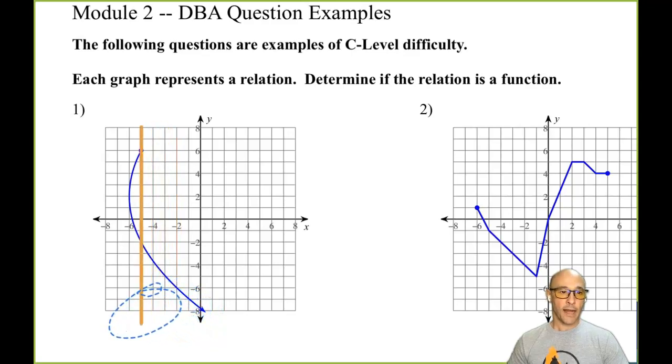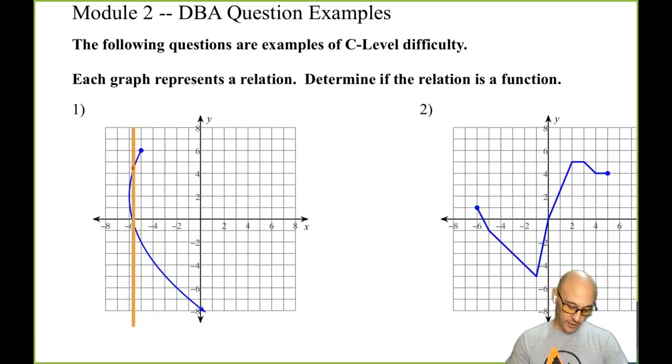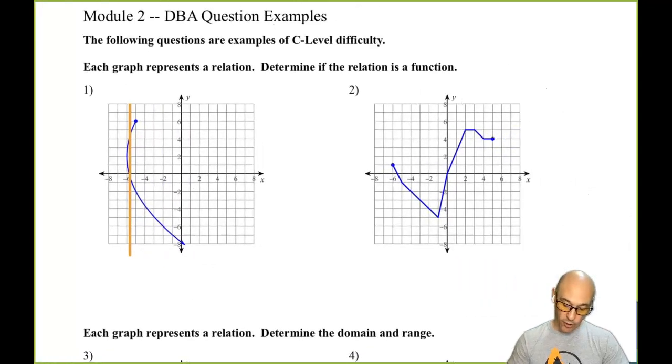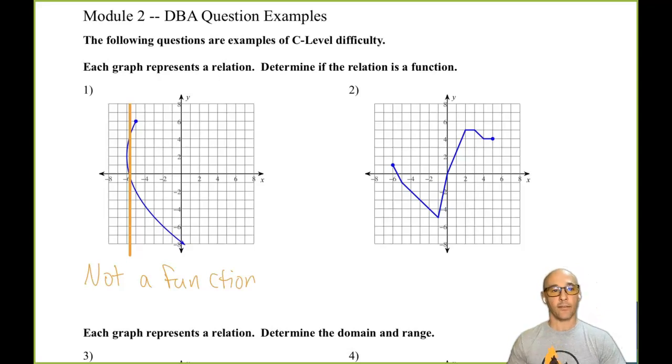But then starting right here, it touches in two places at a time. We can see, for instance, that it touches here and there. So because this one does not pass the vertical line test, this is not a function. And the reason it isn't a function is because it does not pass the vertical line test.